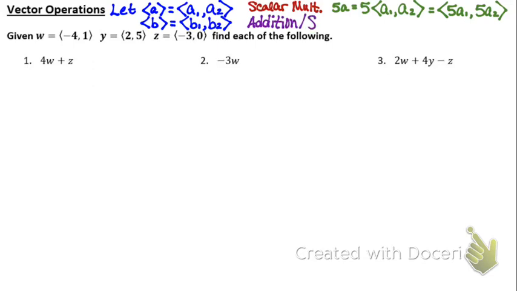For addition or subtraction, so if I'm going to add or subtract vectors A and B together, I'm running out of room because I'm writing too big.